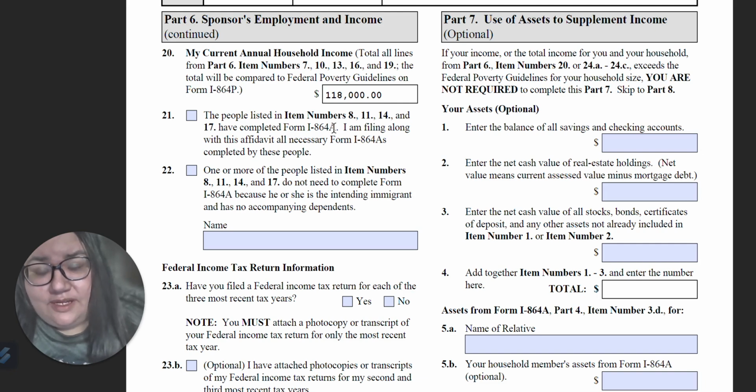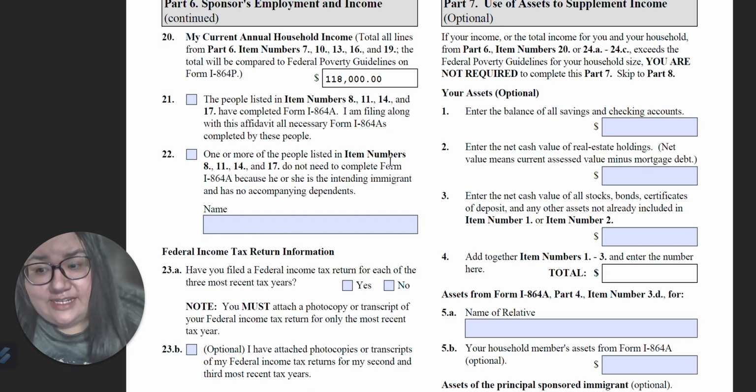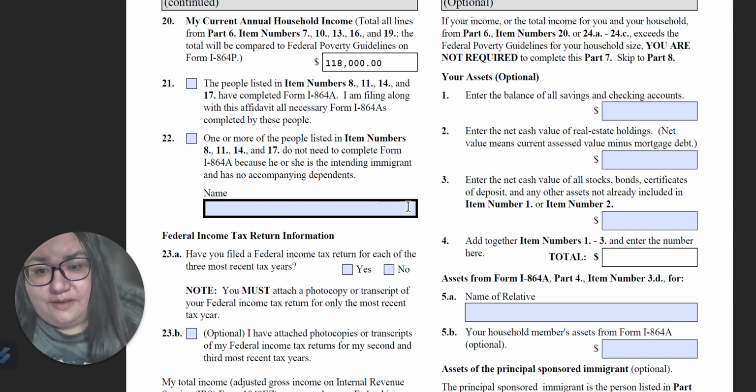Now, if the person who's combining income with Jose was his spouse, who is also the beneficiary or the intending immigrant, in that scenario, you would check off question 22 and you would input here the beneficiary's name. Note that it says here, do not need to complete form I-864A because he or she is the intending immigrant and has no accompanying dependents.